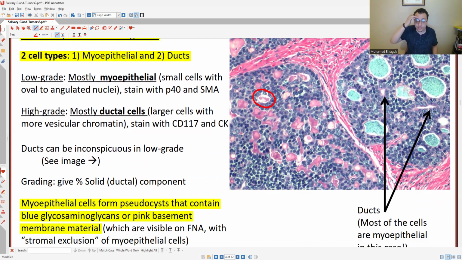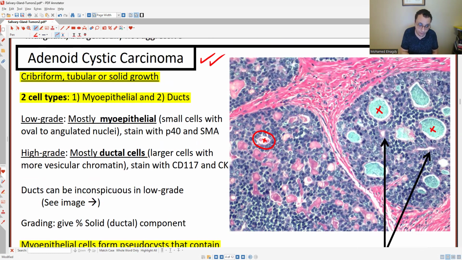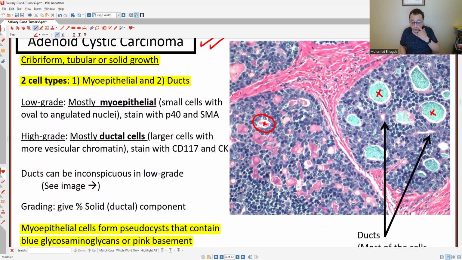That's what adenoid reminds me of: adeno-like tubules full of secretions or material. I will talk about this material later, but this is how I remember adenoid. And cystic makes you remember even more that you have some kind of content inside these tubules or lumens. But actually this tumor is basaloid.